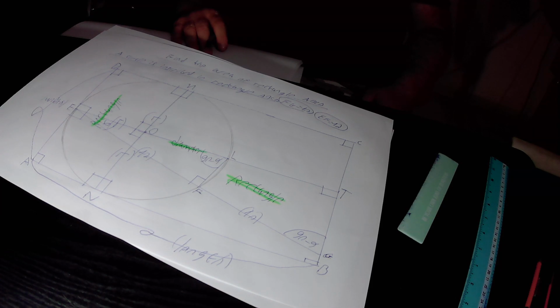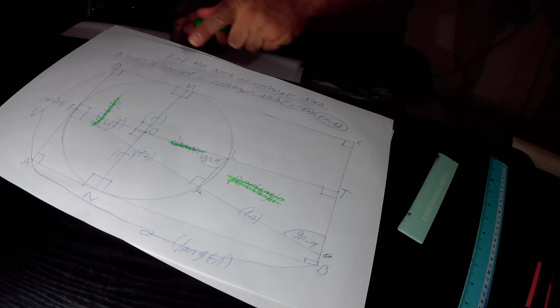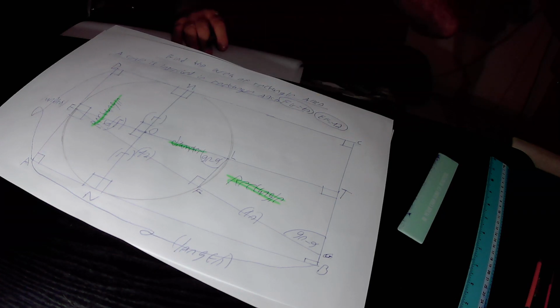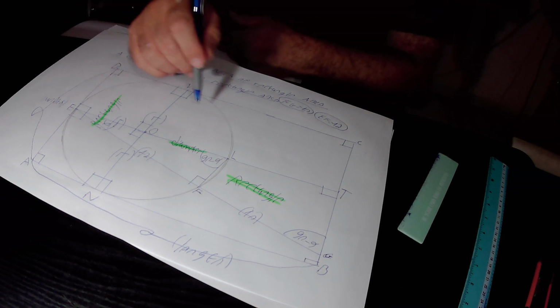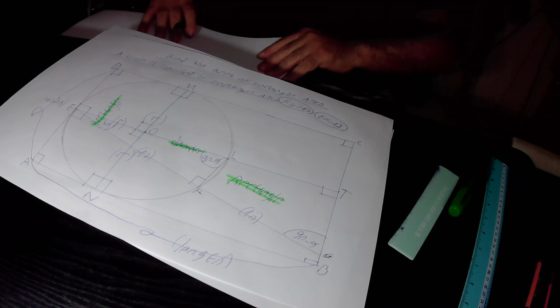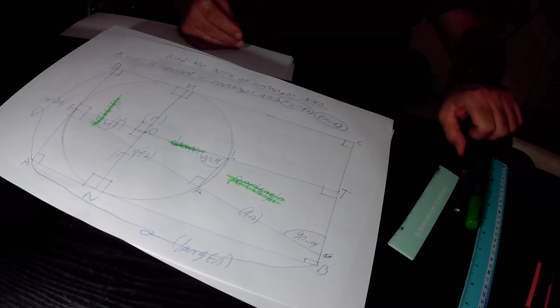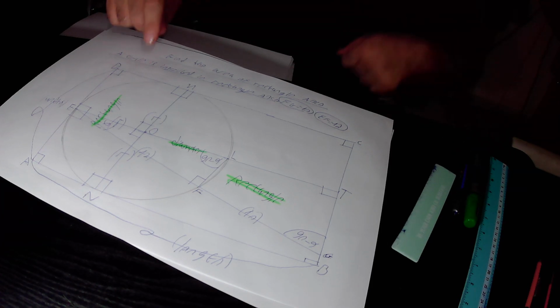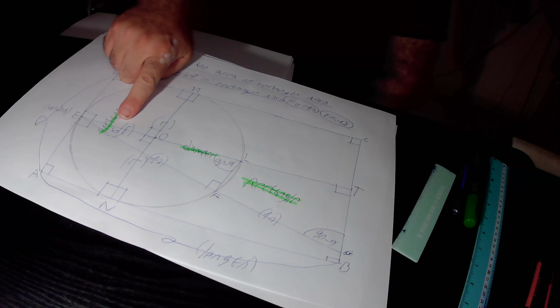So it is very easy to see that the big right angle ETG is similar to the small right angle ELF according to the angle similarity rule. That is to say, this is angle E that is also defined as alpha.